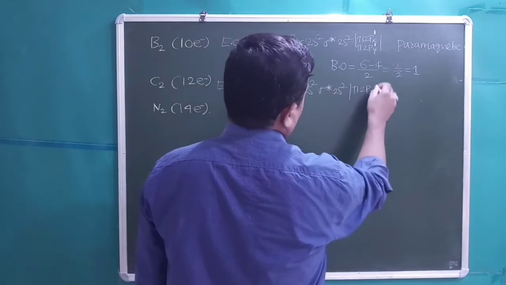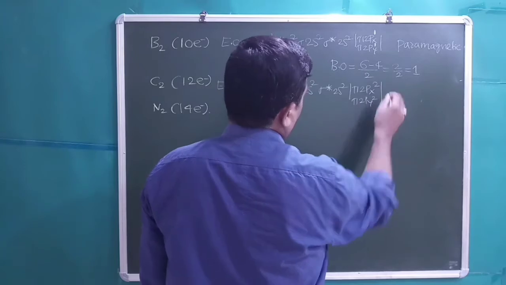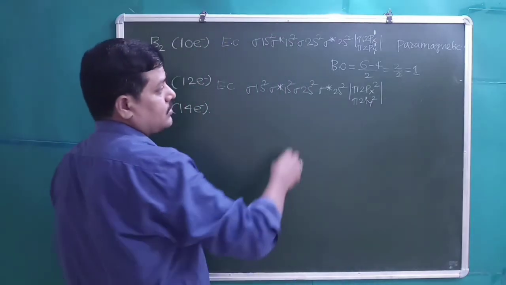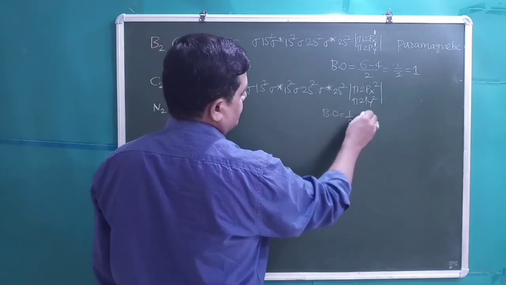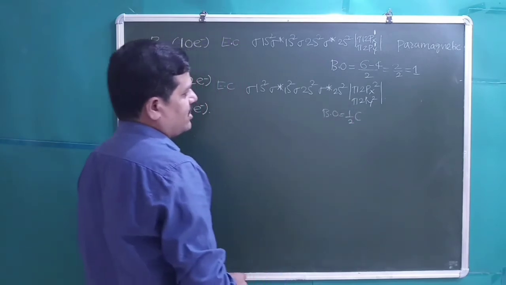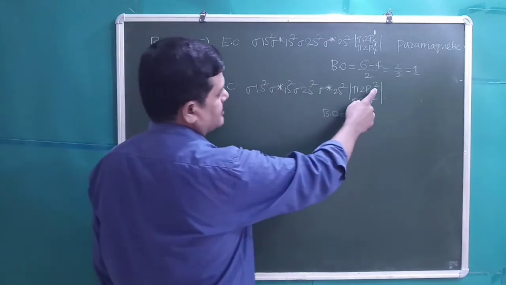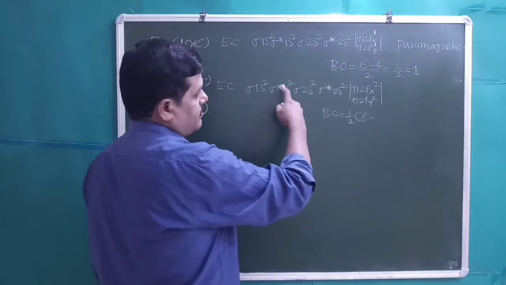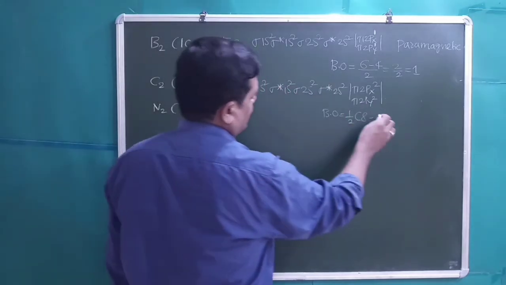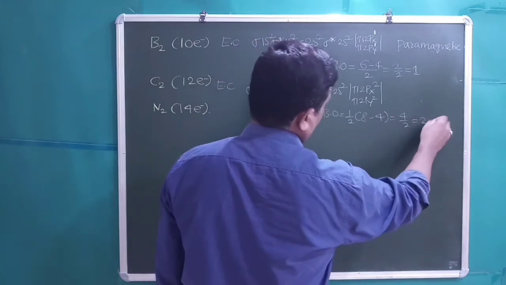pi 2px2, pi 2py2. So students, here bond order we can calculate from the formula: half into number of electrons in the bonding molecular orbitals, that is 2 plus 2 is 4, 4 plus 4 is 8, minus anti-bonding orbitals electrons is 4, which is 4 divided by 2 equal to 2.